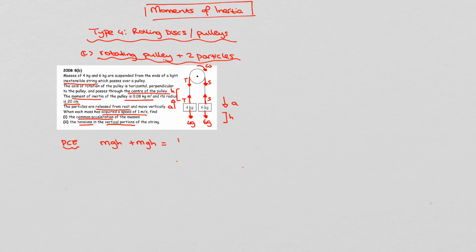Our kinetic energy is going to comprise the angular velocity of the pulley plus 2 particles which only have linear velocity. And our potential energy and kinetic energy equations can be found on pages 54 and 55 of our maths tables.